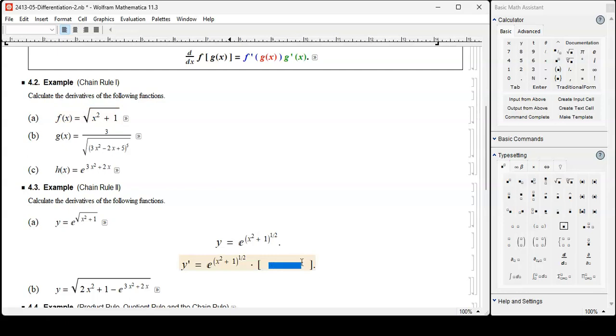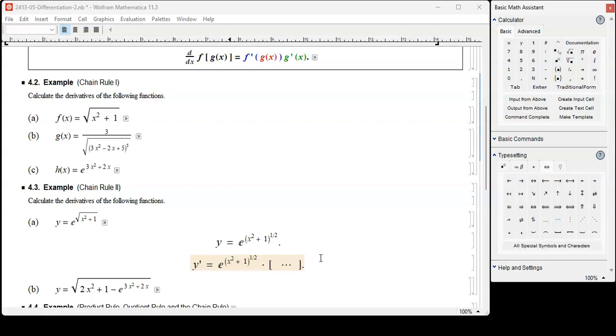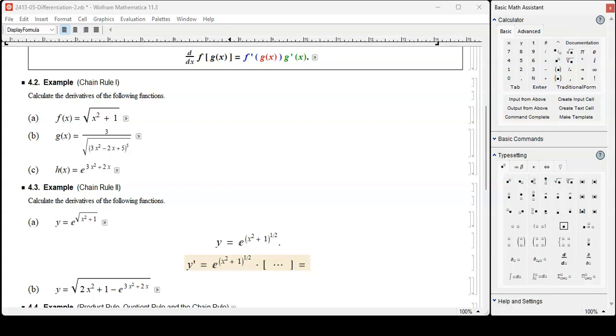By the way, let's slow down. Okay, let's slow down, and then let's work out in the next step. Okay, all right. Let's calculate the derivative of this.